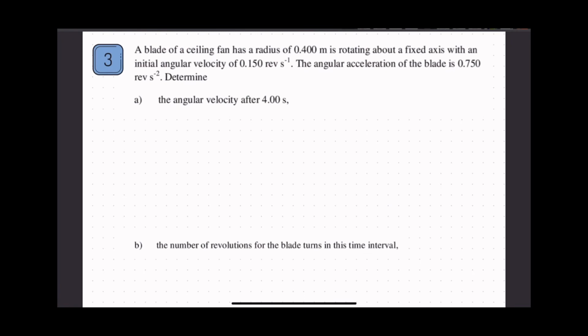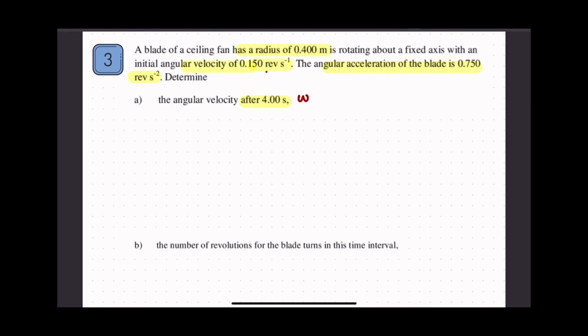Okay, next question 3. A blade of a ceiling fan has radius of 0.4 meter, is rotating about a fixed axis with an initial angular velocity of 0.5 revolution per second, and the angular acceleration of the blade is 0.75 revolution per second square. Determine the angular velocity after 4 seconds. So the question asks you to calculate omega final during 4 seconds.